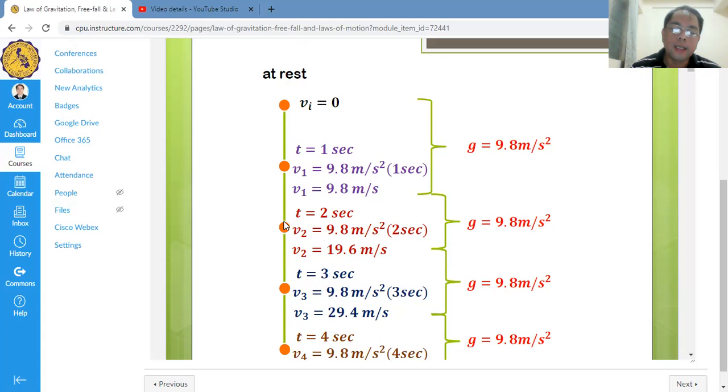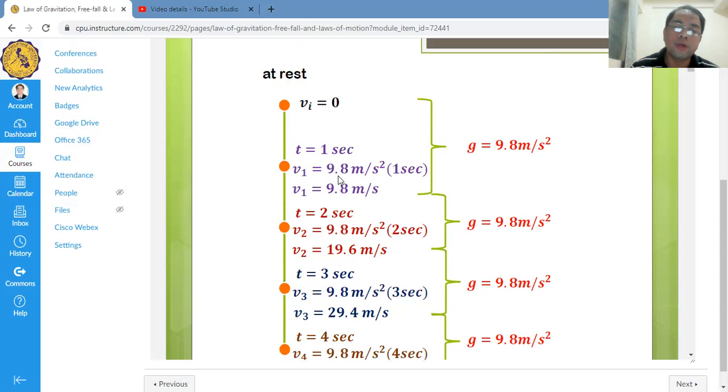And as you let it drop for another second, the distance will be a bit longer than the first two. Now the speed of the object after the third second becomes 29.4 meters per second. Then you'll notice that the speed increases at a regular interval.